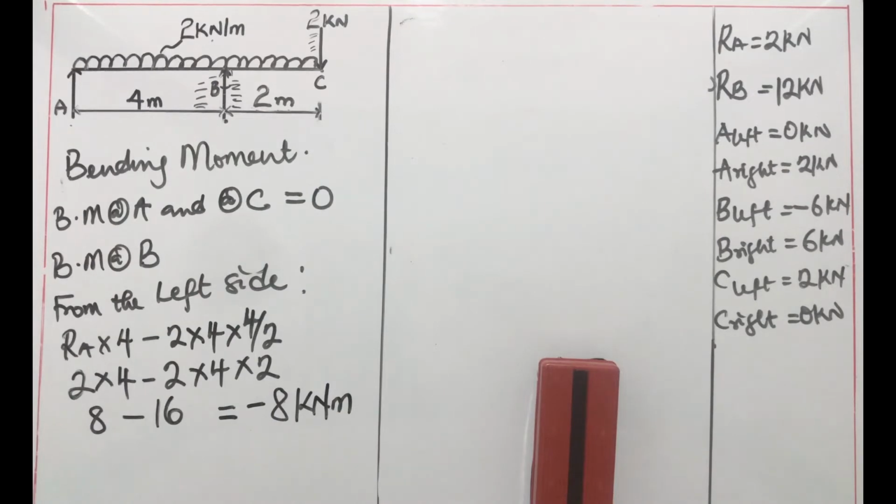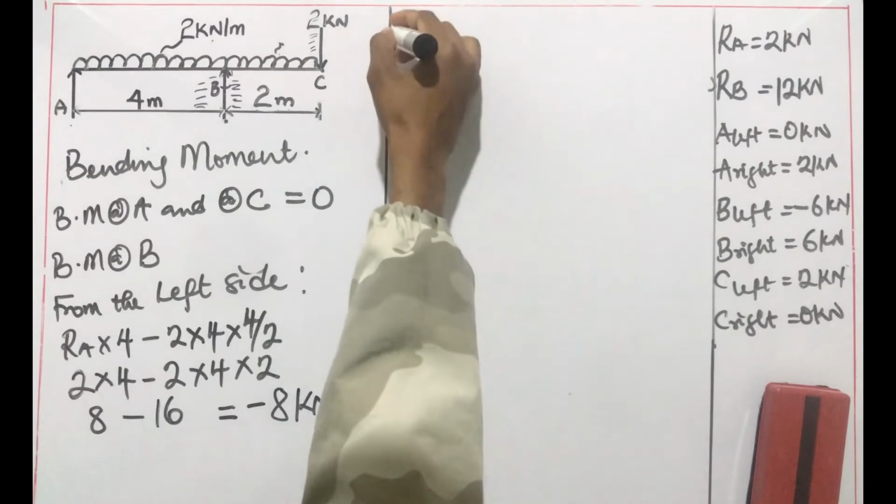So we have our bending moment at B to be minus 8 kilonewton meter.